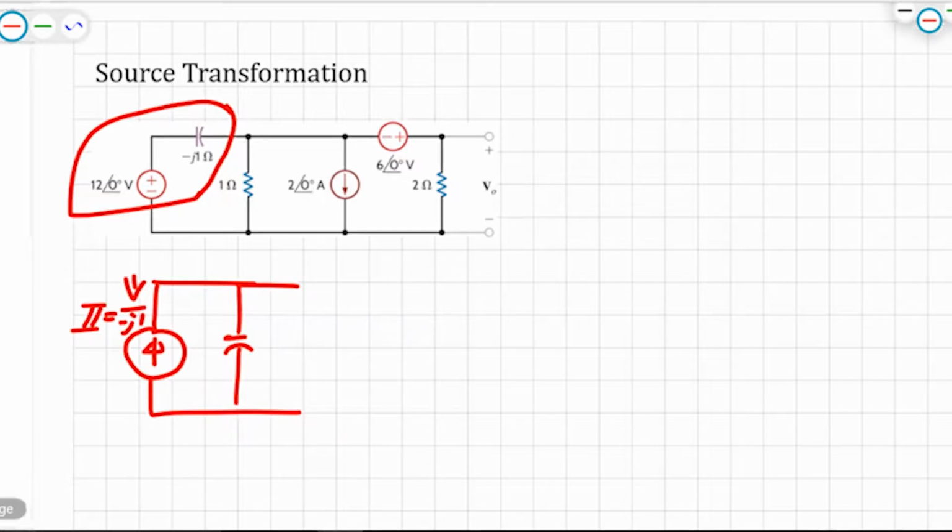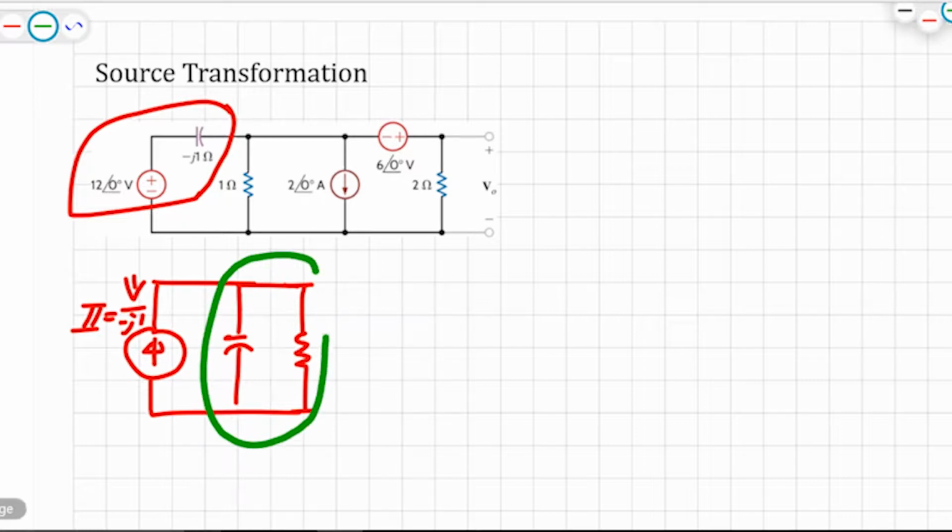But you can see when we do that, the advantage is that now we can couple with the 1 ohm resistor. And so we can combine this and do a further simplification.